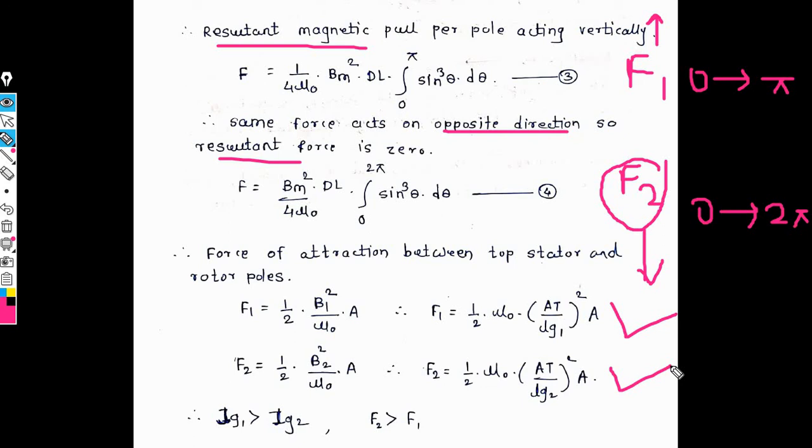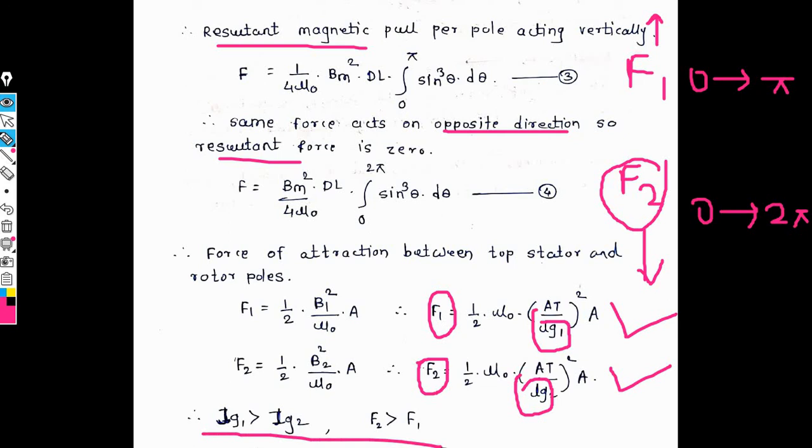Also in an AC machine we have to calculate the force of attraction F1 and F2. In an AC machine, the length of air gap Lg1 is greater than Lg2, and also force F2 is greater than F1. These two conditions are very important in an AC machine.